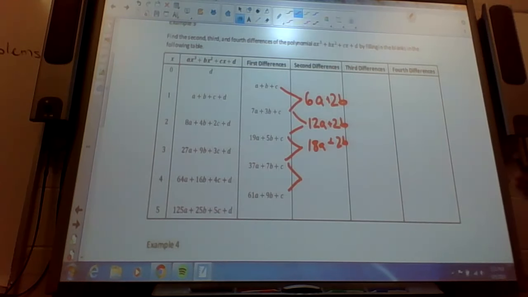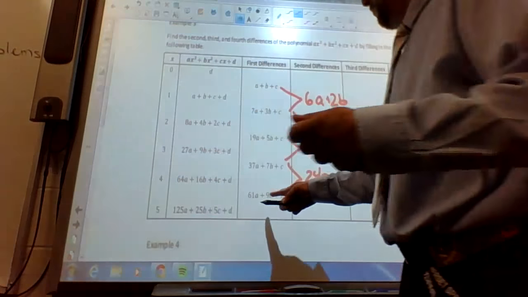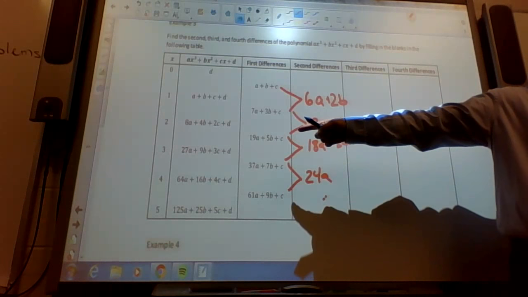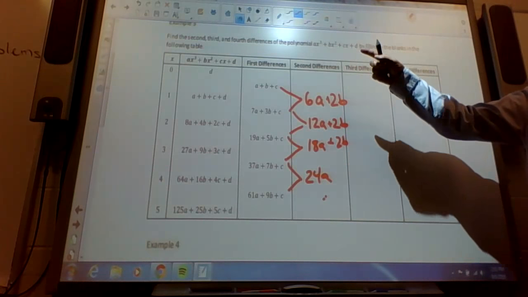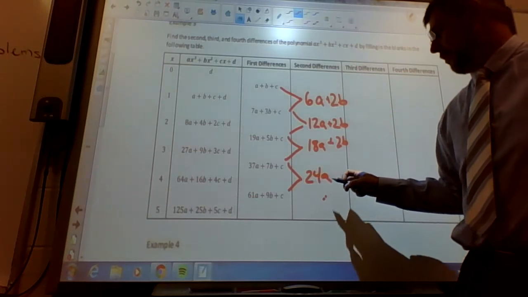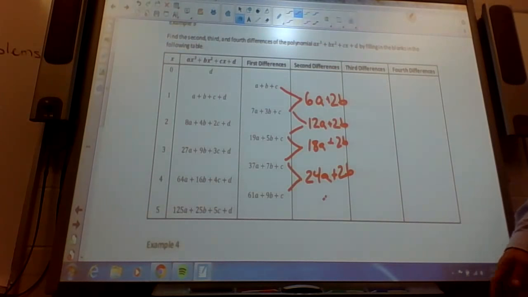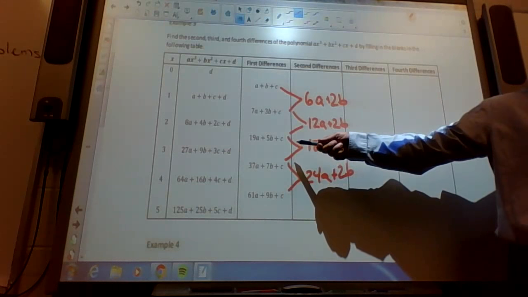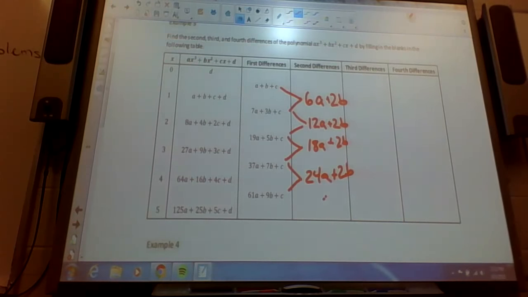Is that right? Yeah. 24A. But you had 9 B's and you took away 7. How many B's you got left? 2. There you go, plus 2B. Then you had 1C here, you had 1C back here. How many C's did you go up? 0 C's. So we just leave that off.